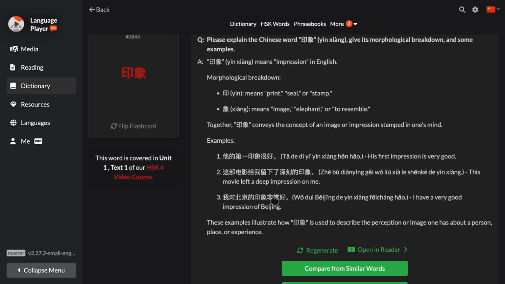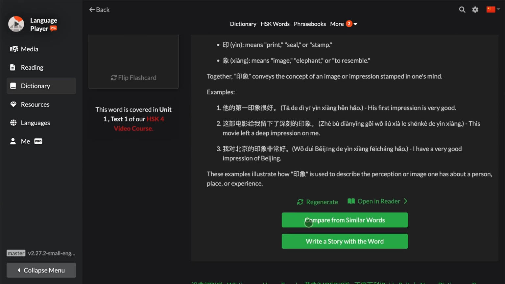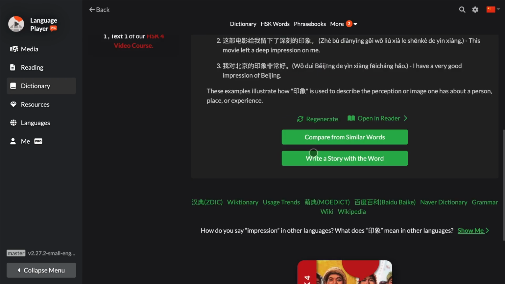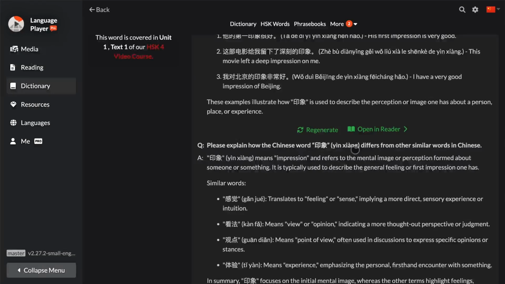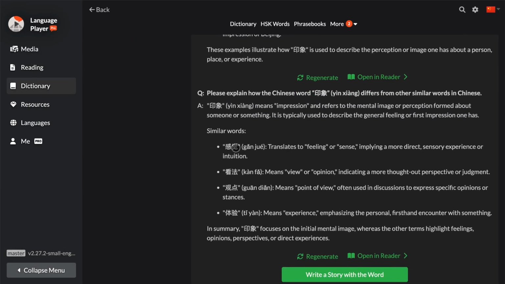But anyhow, we can also compare this word 印象 with similar words by pressing on this button. And the system is asking ChatGPT, hey, please explain how the Chinese word 印象 differs from other similar words. So similar words 感觉, 看法, 观点, 体验. Okay, so that's not bad.